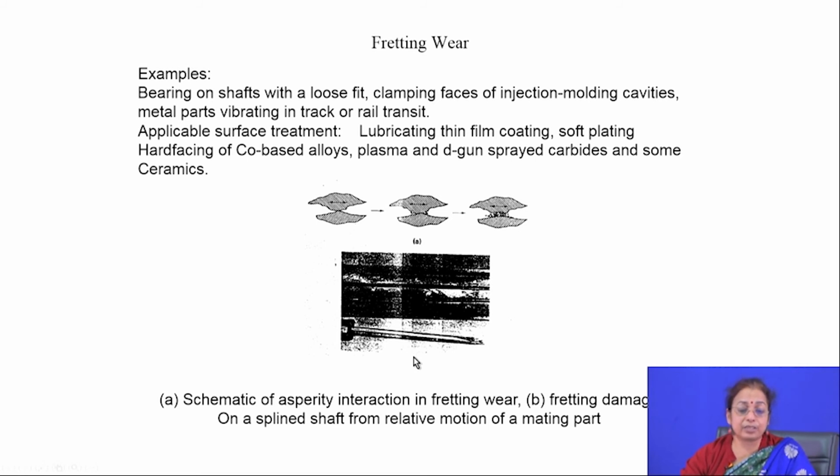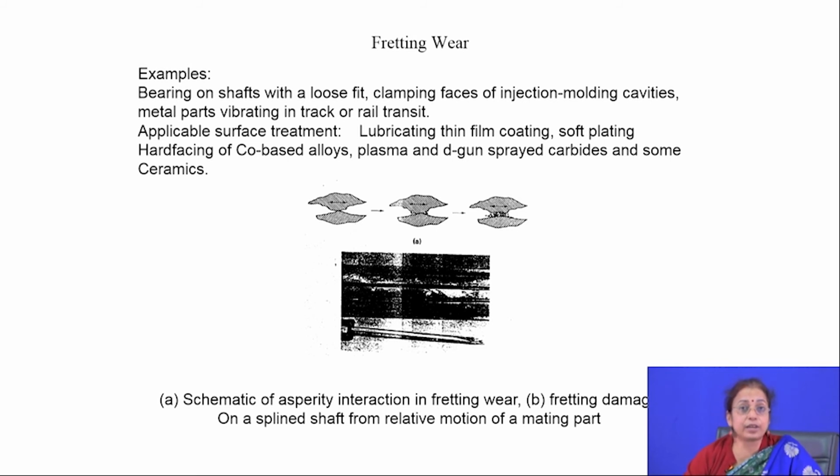In case of adhesive wear, the main way by which people combat it is by lubrication. If you apply a very thin layer of lubricant, you reduce the probability of interaction between the two surfaces, and by that you reduce the probability of adhesive wear as well.